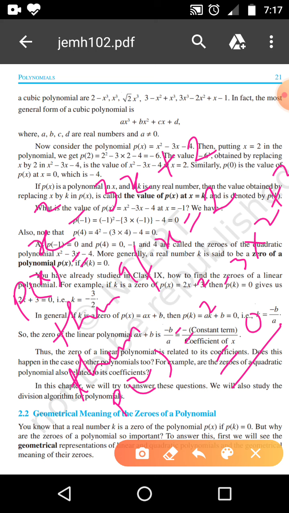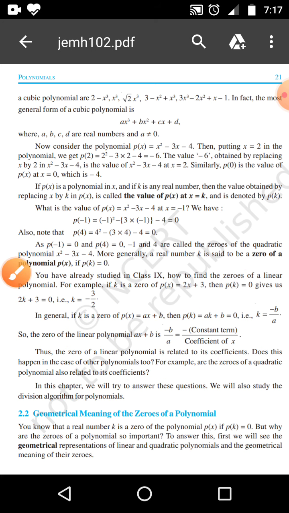If the degree is 3, that is a cubic polynomial, then the number of zeros is 3. Similarly, if the degree of the polynomial is n, then the number of zeros is n.